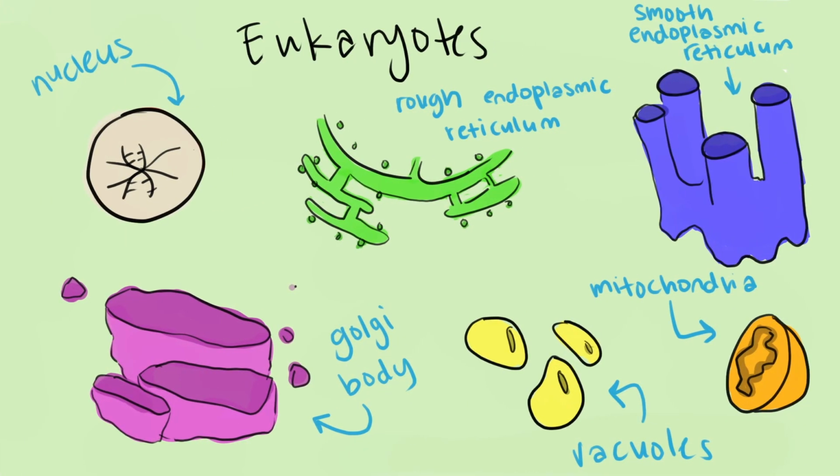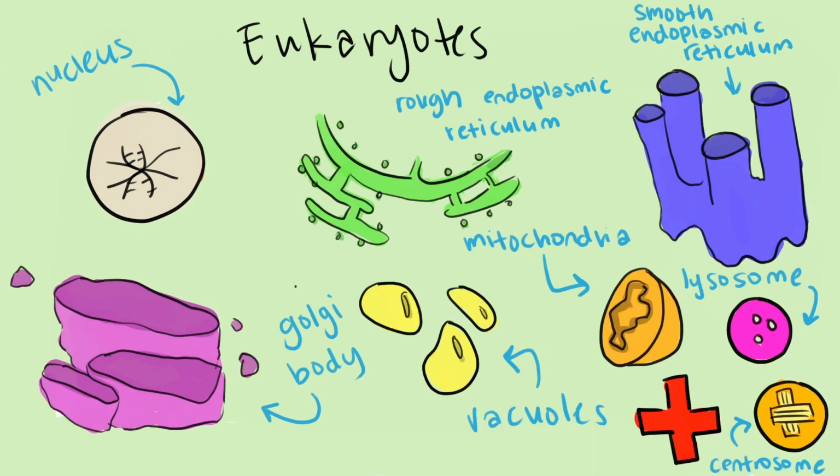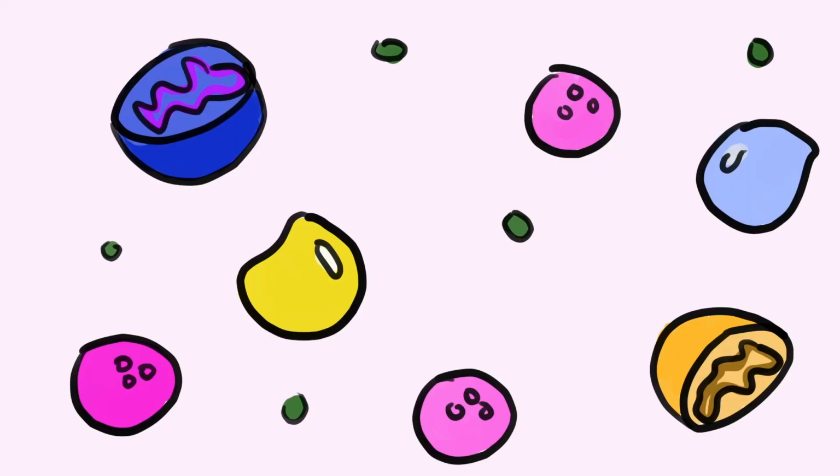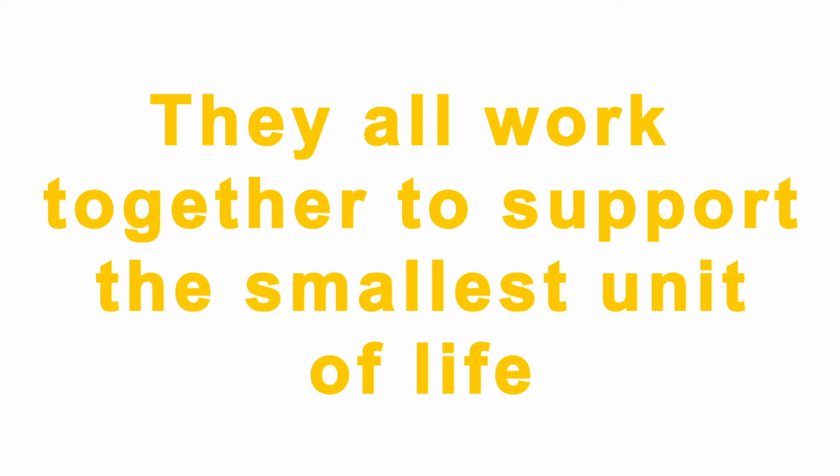On the other hand, eukaryotes, which include animal and plant cells, have a nucleus, endoplasmic reticulum, Golgi body, vacuoles, and mitochondria. However, animal cells also have lysosomes and a centrosome, whereas plant cells have chloroplasts, a cell wall, and a central vacuole. Even though these organelles have a ton of different functions, they all work together to support the smallest unit of life, the cell.